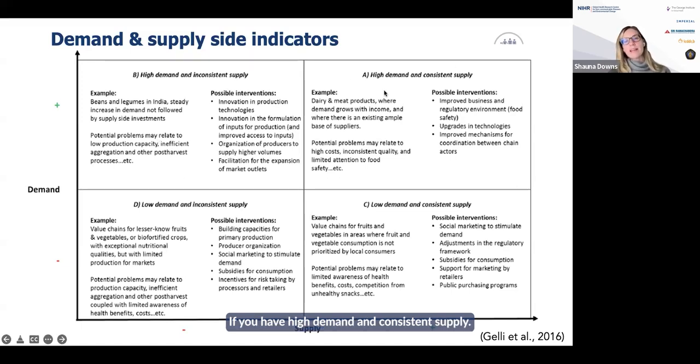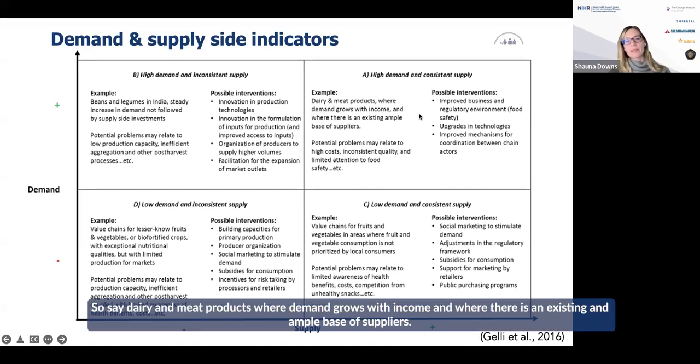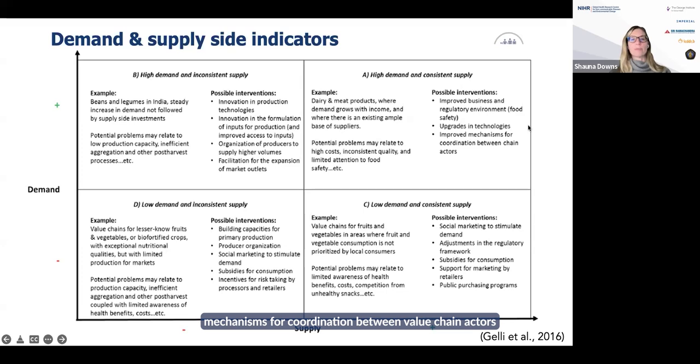If you have high demand and consistent supply, so say dairy and meat products where demand grows with income and where there is an existing and ample base of suppliers, possible interventions might be an improved business and regulatory environment, upgrades in technology, or improved mechanisms for coordination between value chain actors.